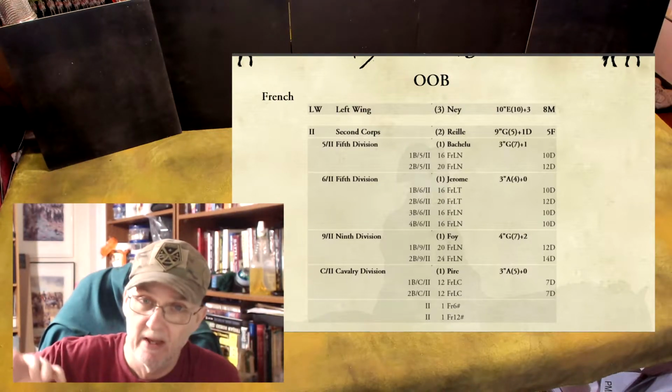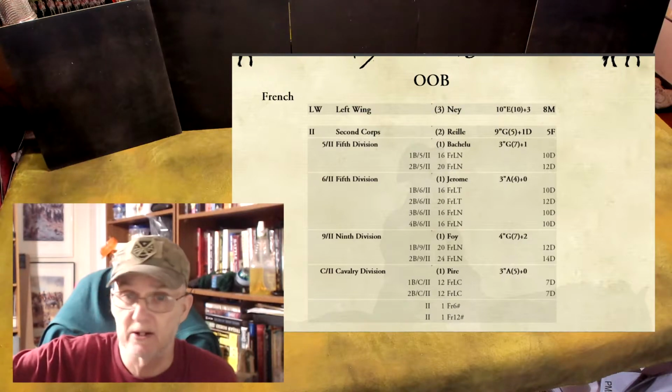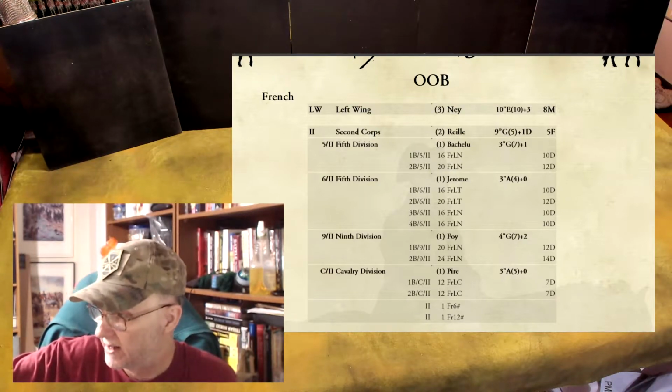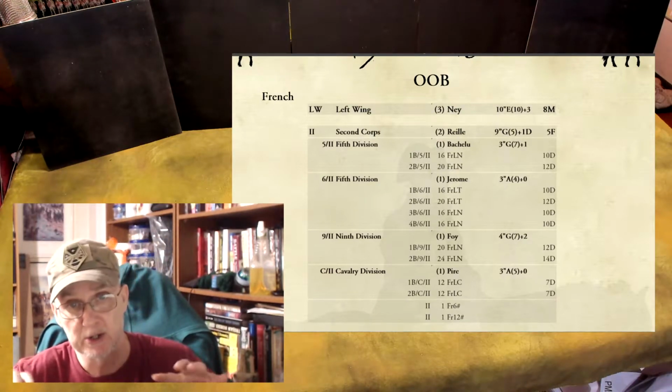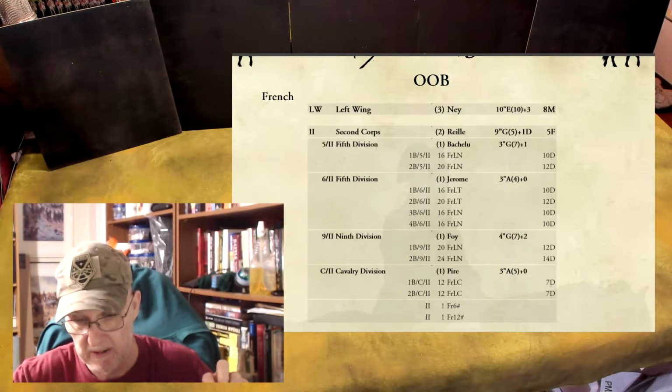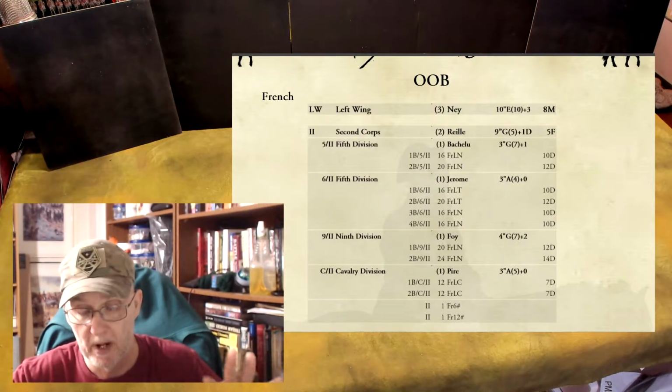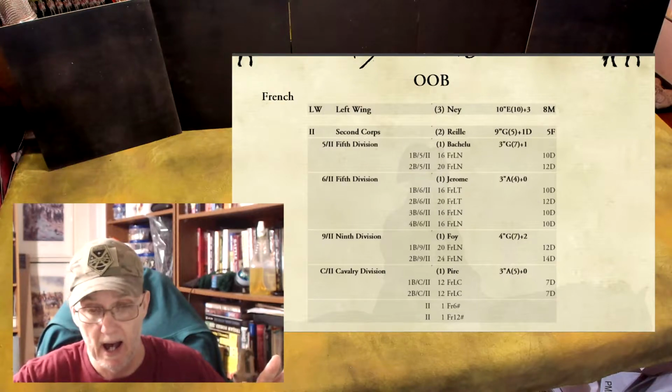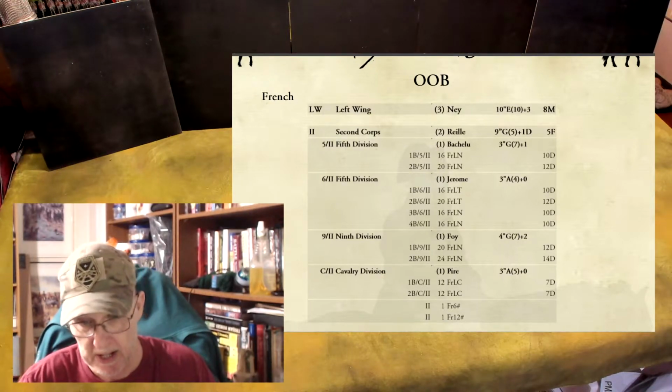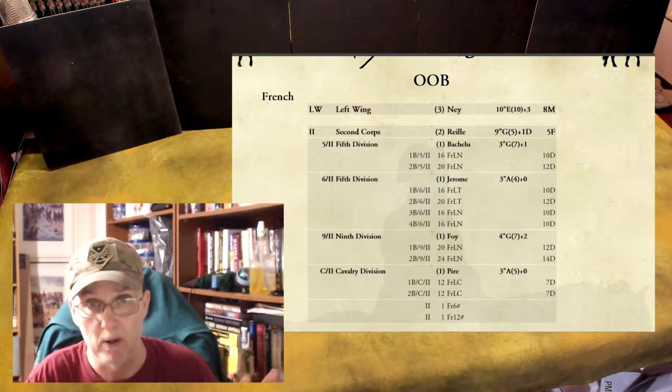I cleared out a spot on my table, and I'm going to put miniatures out and visualize how much space I'm giving to these generals for their command and control.